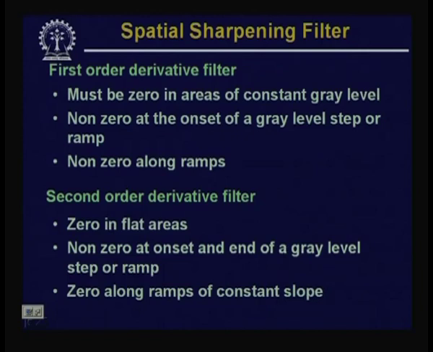Whereas, if I use a second order derivative filter, then the response should be 0 in the flat areas, it should be non-zero at the onset and end of a gray level step or gray level ramp, and it should be 0 along ramps of constant slope. So, these are the desirable responses of a first order derivative filter and of a second order derivative filter.